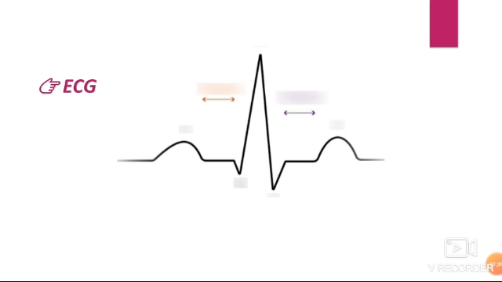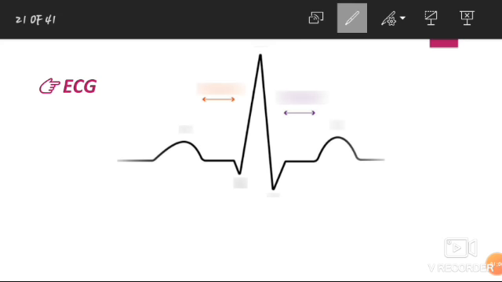So this is the standard diagrammatic presentation of a standard ECG. This is known as P wave, this is Q, this is R, this is S and this is T.